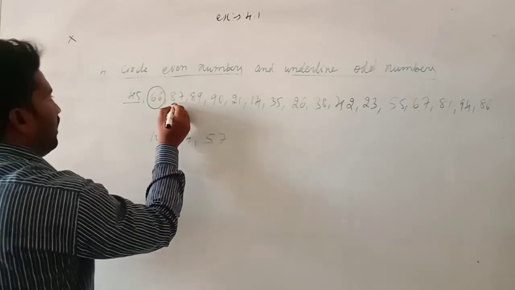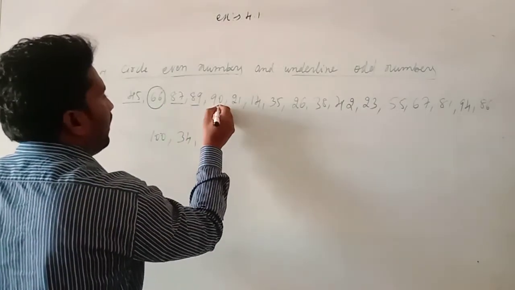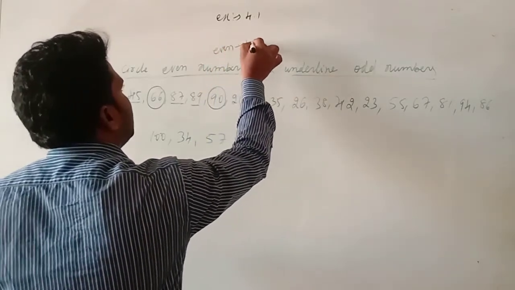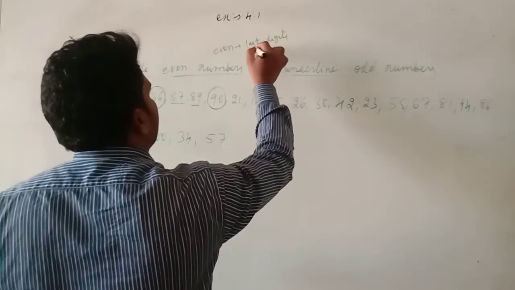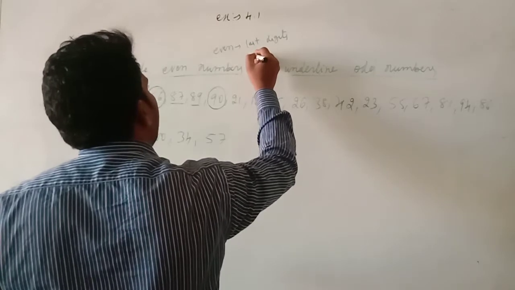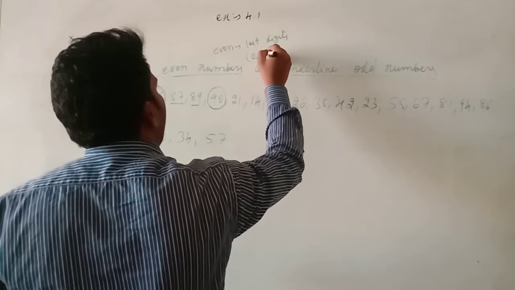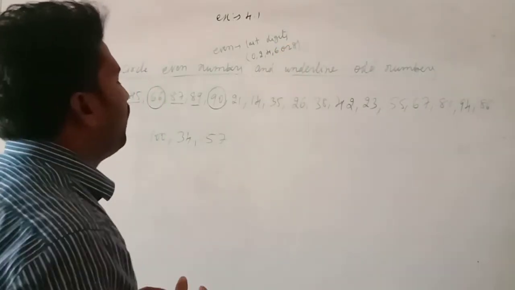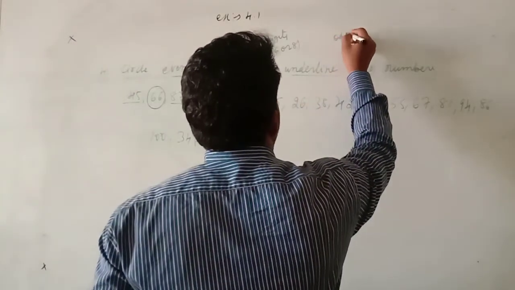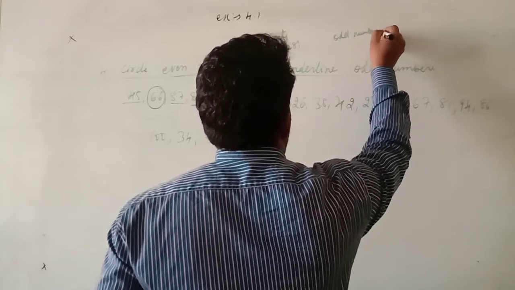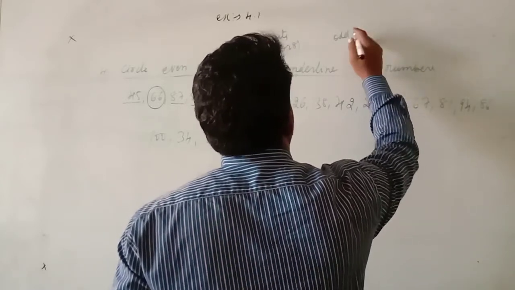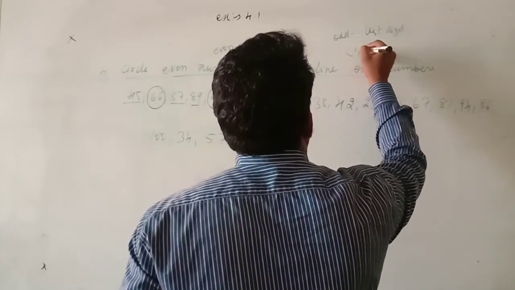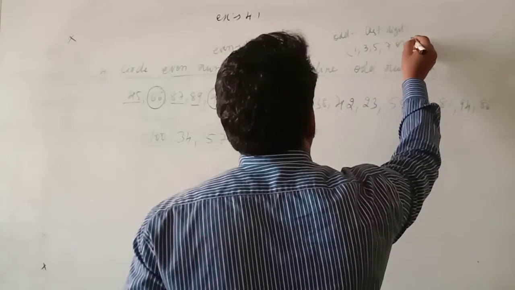Even numbers have last digit 0, 2, 4, 6 or 8, and odd numbers have last digit 1, 3, 5, 7 or 9.